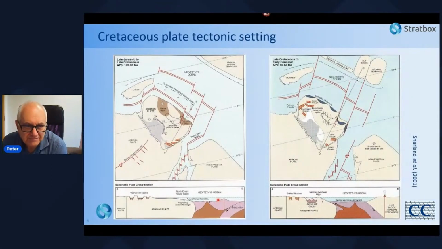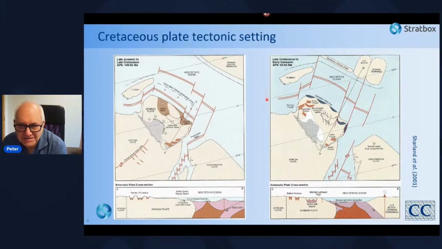If we look briefly at the Cretaceous plate tectonic setting, from late Jurassic to late Cretaceous, the Arabian Plate was roughly in an equatorial paleolatitude, and it was essentially a passive margin formed along the southern margin of the Neotethyan Ocean, which was opening for much of the time until the very end of this period.